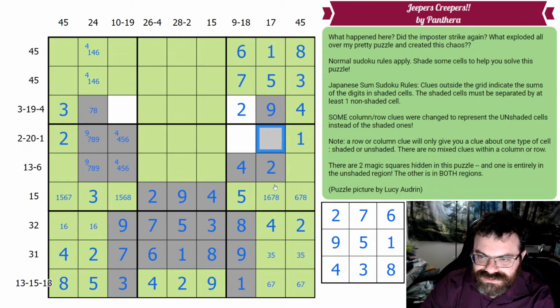17, so we have 11 already. This is 6. That's not 6. This is 4. What do we need here?